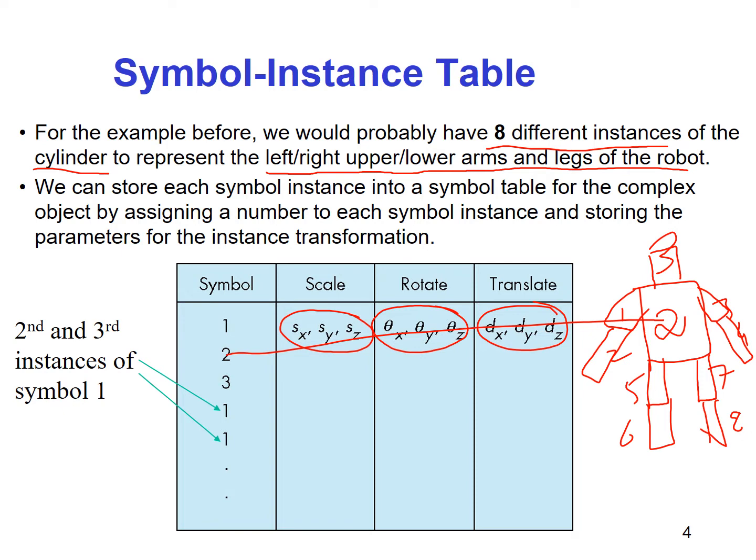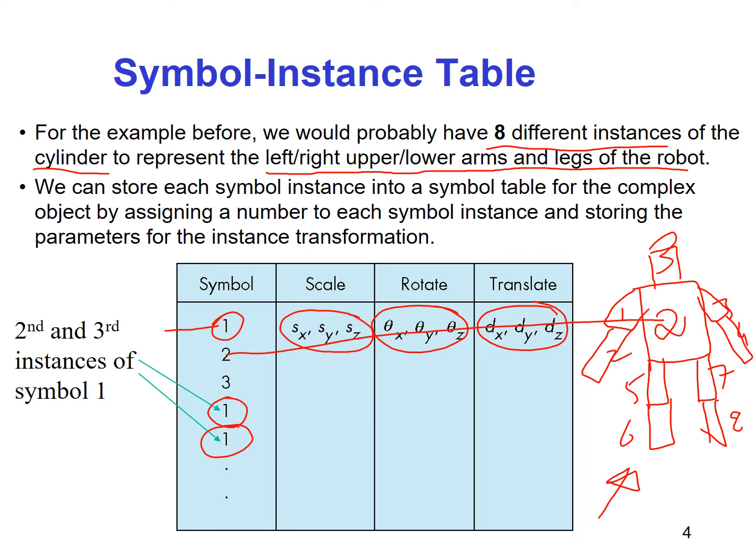So we can store each symbol instance into a symbol table for the complex object by assigning a number to each symbol instance and storing the parameters for the instance transformation. So this refers to which symbol we are referring to, and this is the cylinders that are used for the limb. And notice that the cylinders have been used multiple times because they appear multiple times in the complex object shape.